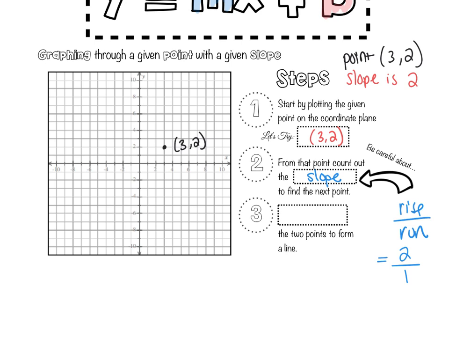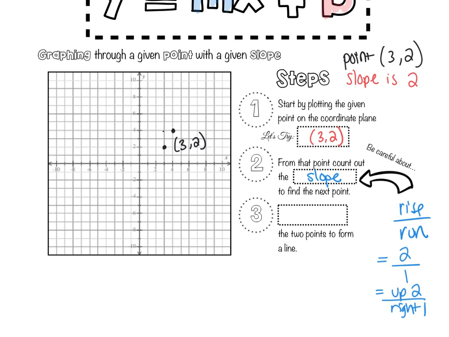And so from there, I'm going to say that my slope is 2 over 1, which tells me I'm going to move up 2 and right 1 to plot my next point. So from (3, 2), watch what happens. From (3, 2), I'm going to move up 2 notches and right 1 notch to plot my next point.